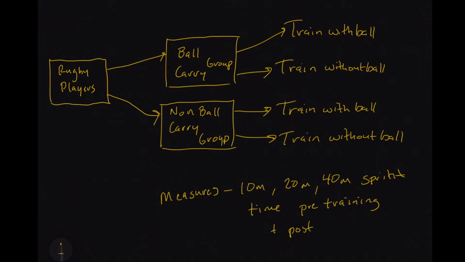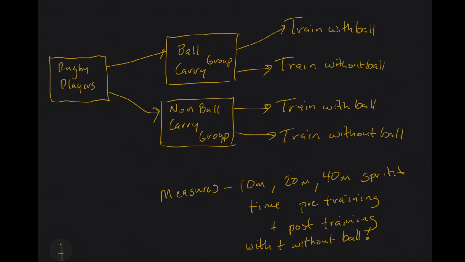And then they obviously took these times pre and post, and they measured their sprint speeds at 10, 20, and 40 meters, both with the ball and without the ball. So again, if I train with the ball, am I faster running with the ball or without, and so on.